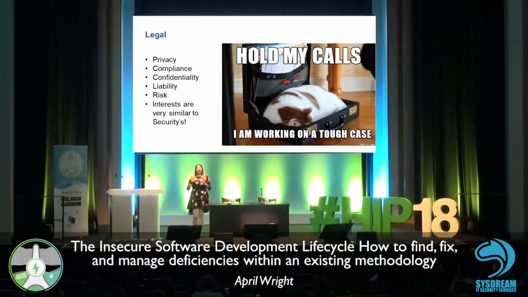So when legal won't sign off on something, that's usually a bigger deal than when security won't sign off on something. I don't know why that works, but understanding that is important because we can work with them and say, look, we have this risk or we have this problem, and we need your help to get something stopped or fixed or whatever the problem is. And they will help us because they have the same concerns. So that's important to understand.